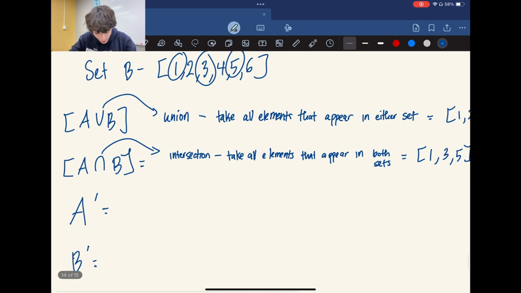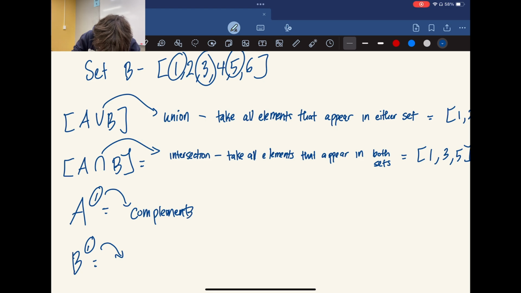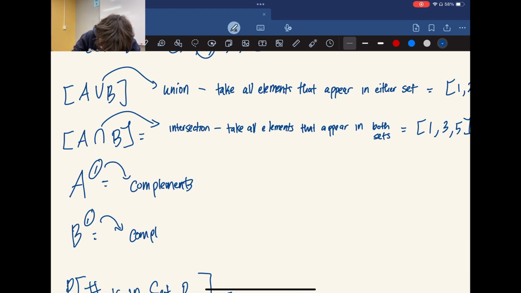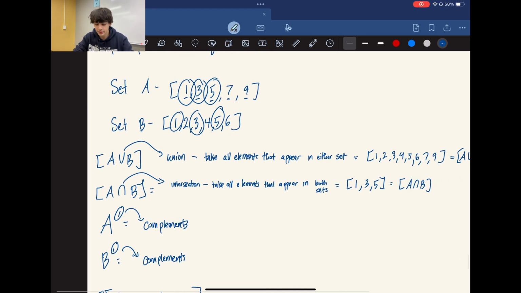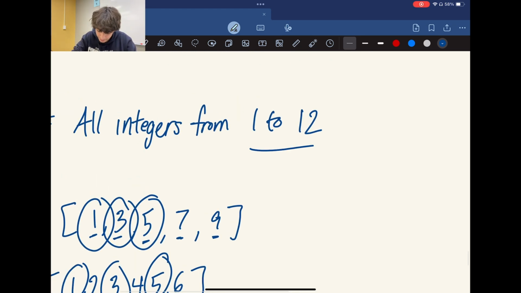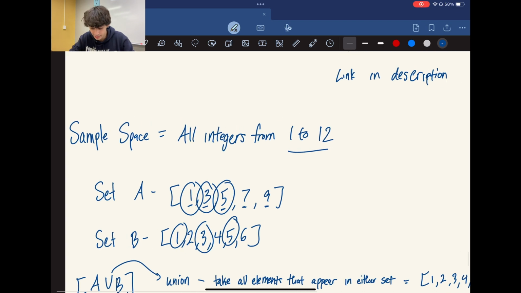So now we have A apostrophe and B apostrophe. What does this mean? The apostrophes in this case are complements. What a complement is in a sample space, which we defined as 1 to 12, so every integer from 1 to 12.